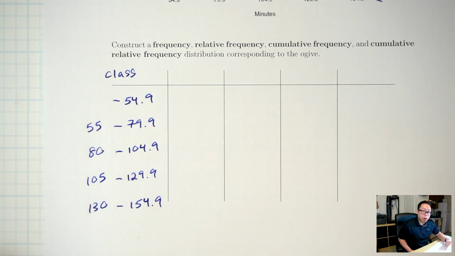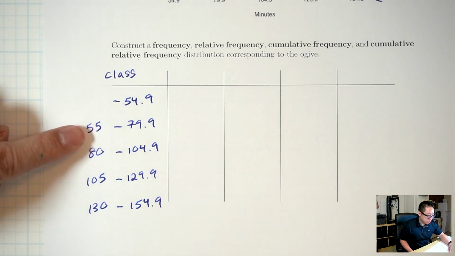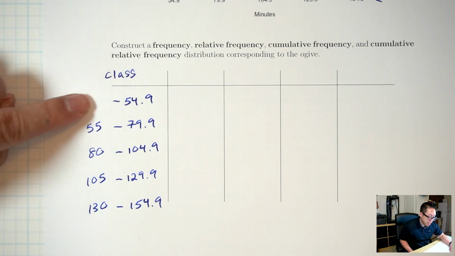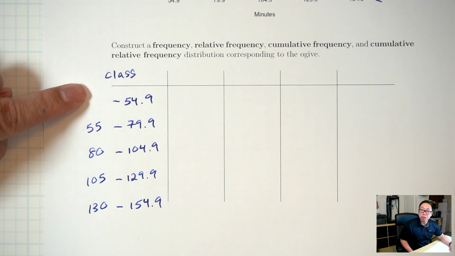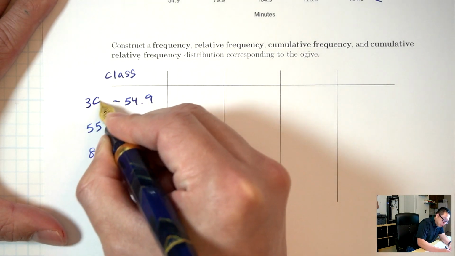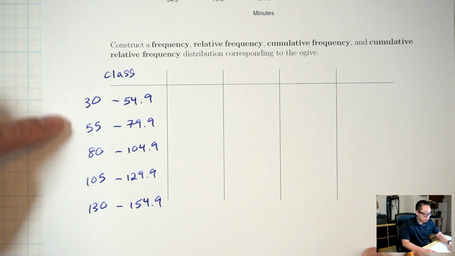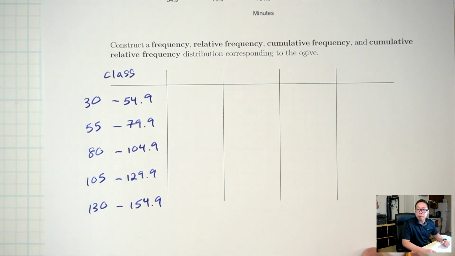So your lowers are all going up by 25. That's the class width. To find this last one, just go backwards. 55, go down by 25. 55 minus 25 is 30. That makes all of the lowers go up by the same amount, 25 in this example.